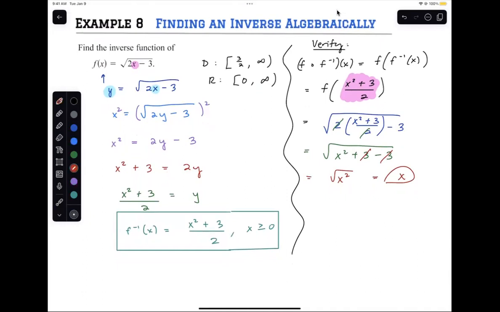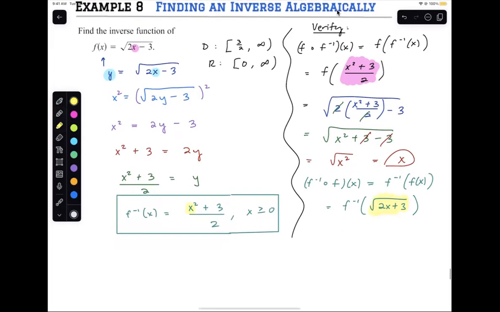Then doing the other way, we're going to have f inverse composed with f, which is f inverse of f of x. So it's going to be f inverse of the square root of 2x minus 3. So I'm going to take this guy and plug it in for x in the inverse we found.